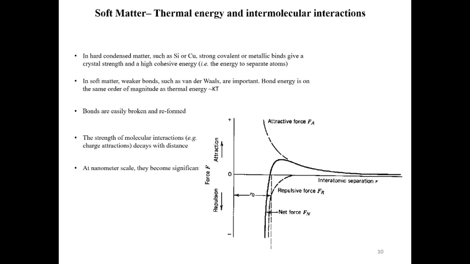Then if you push them further together, the repulsion force will dominate and try to separate the particles. So there will be an equilibrium state where the 2 particles stay happy with each other, and there will be an interaction forming between them. That is the interaction we refer to as the secondary bond, which is relatively weak.